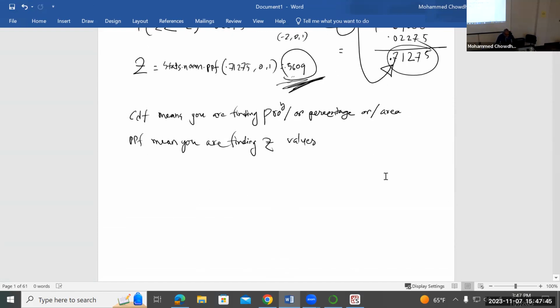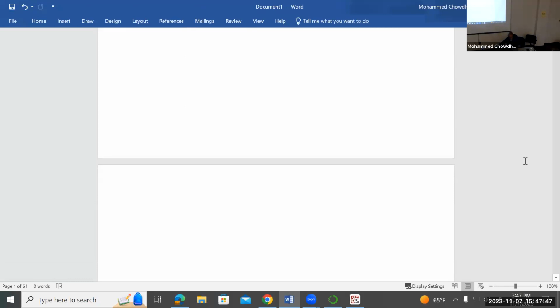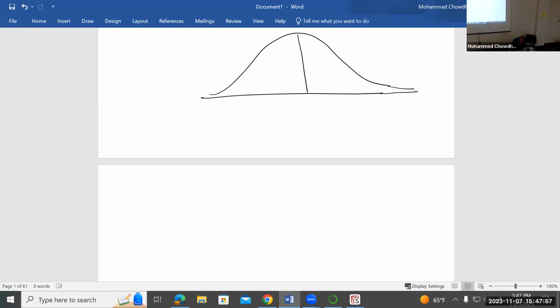So now, last class and today, I discussed what? This is the normal curve. Bell shape, mound shape, normal curve. There is a 50%, 0.50, and this is the area and this is the Z value.